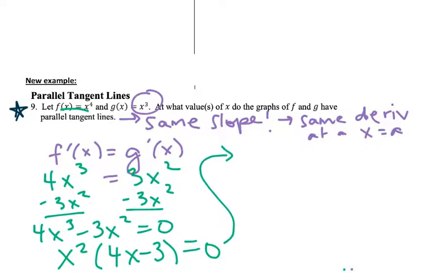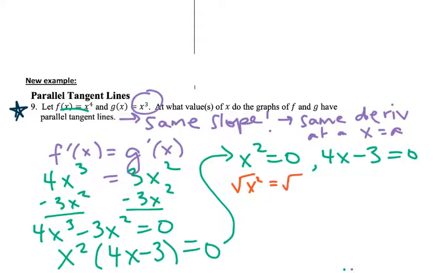Now, we solved a lot of problems like this in previous math classes. You take each factor and set it equal to 0. So you've got x squared equals 0, and you've got 4x minus 3 equals 0. And then solve. So for x squared equals 0, I'm going to solve by taking the square root of both sides.